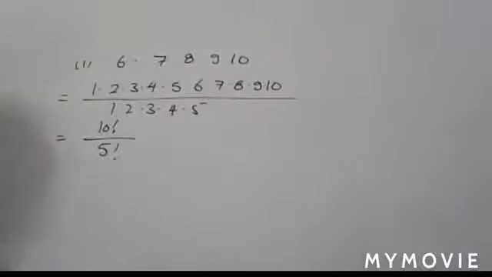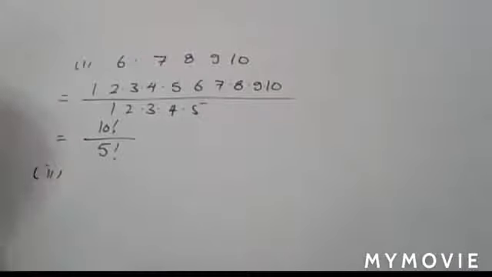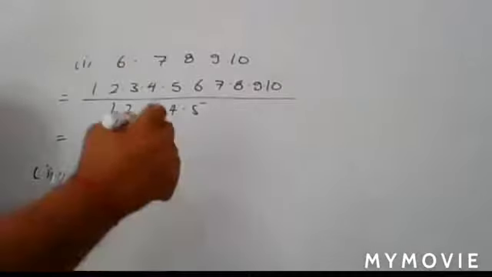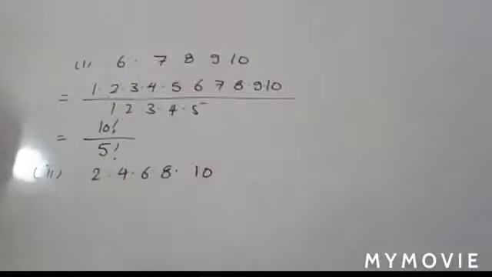In the same way, just write this one also: 2 into 4 into 6 into 8 into 10. You have to express that in the form of factorial notation. So what do you do in that case?